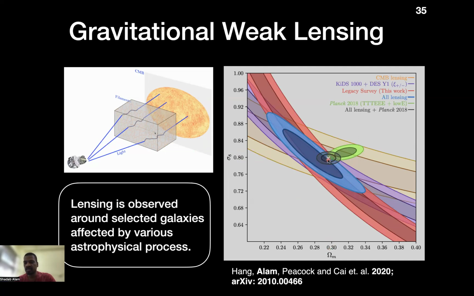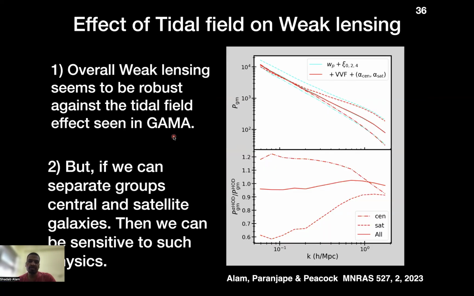But more importantly, if I were to evaluate the kind of environmental effect I told you about on the weak lensing, what is going to be the effect on weak lensing itself and hence cosmology? What we found here is, if you look at the red solid line and the cyan line, if you include the kind of environmental effect I told you, then overall, looking at the ratio here, the red line is basically consistent with 1.